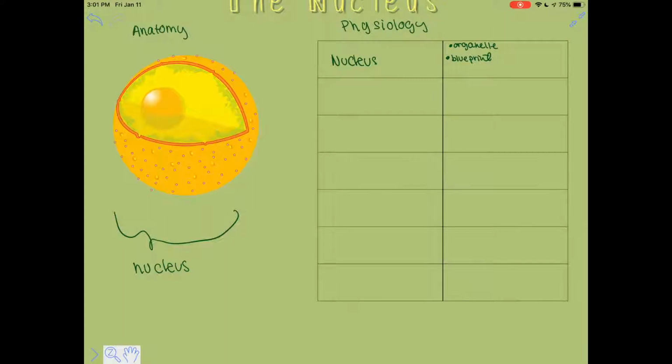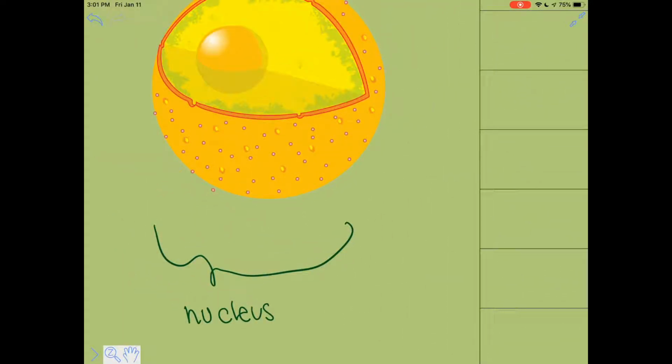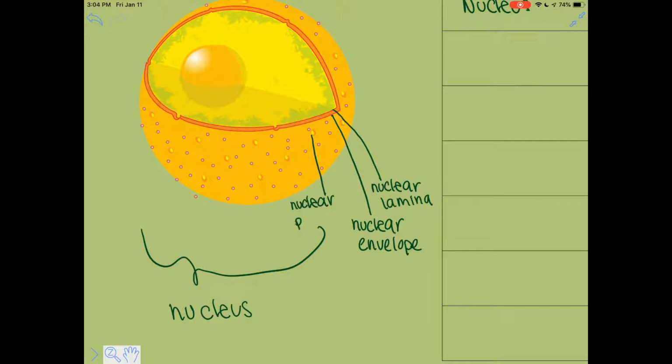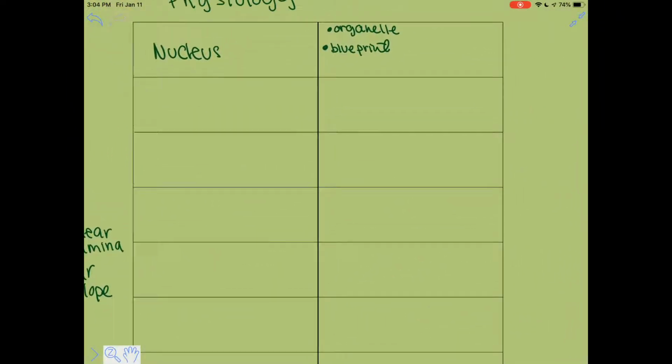One, the outermost, is called the nuclear envelope, and the other, the innermost, is the nuclear lamina. And out on the membrane, you can find pores called the nuclear pores. We'll get right into seeing what all of these do for the nucleus.